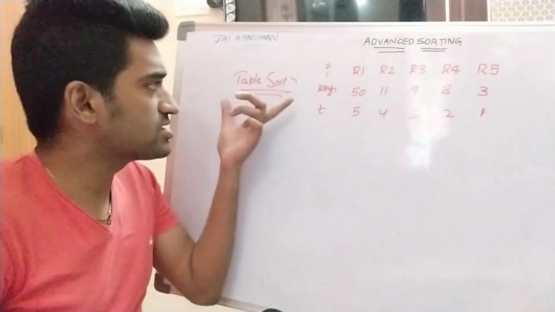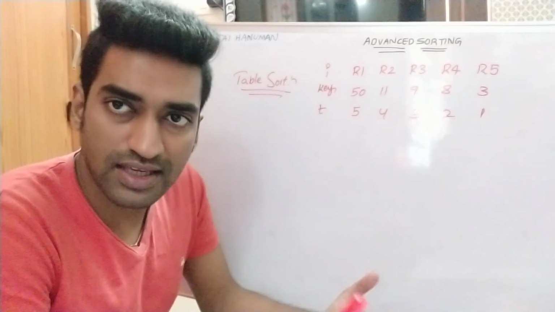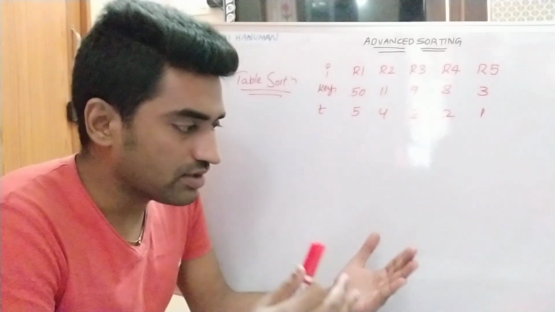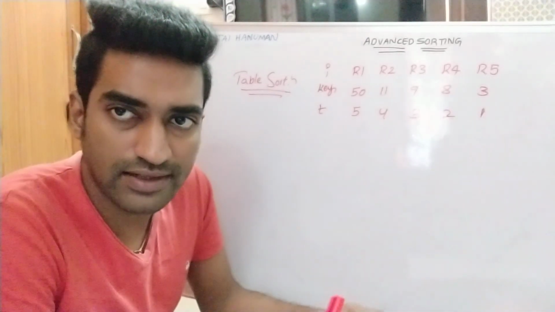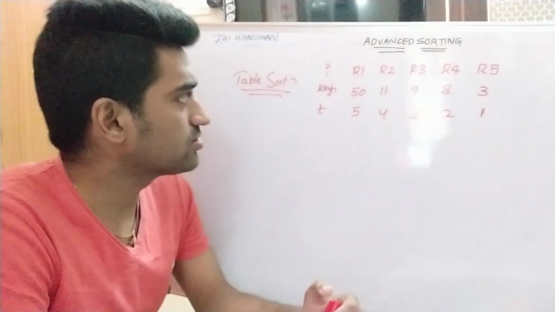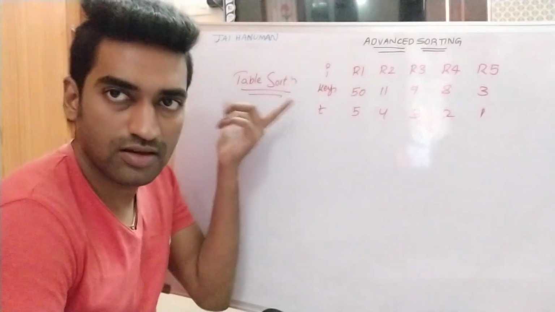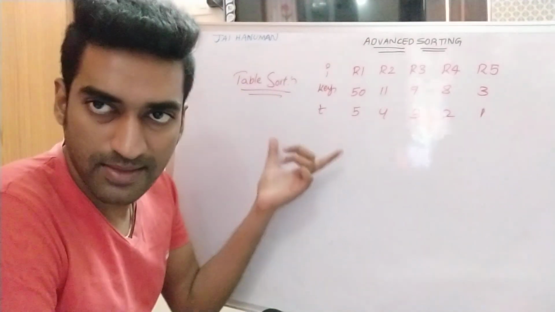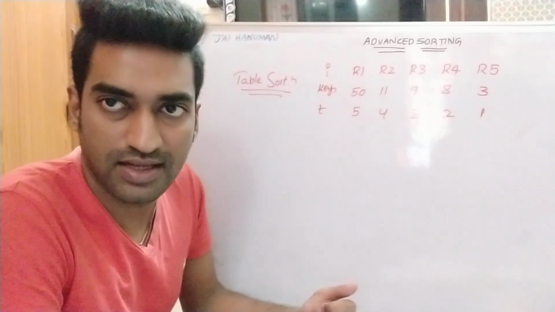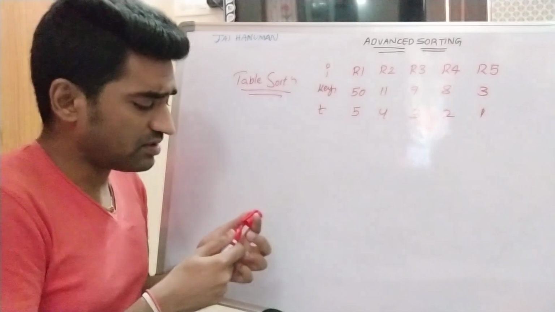By using the table sort technique, we are maintaining one auxiliary table for each and every record entry, right? So this table sort is mainly applicable for merge sort and quick sort mechanisms, right?